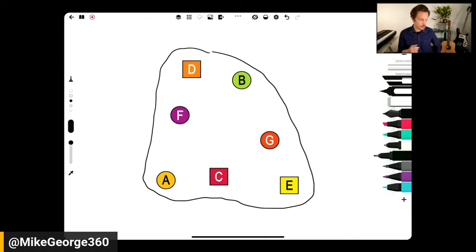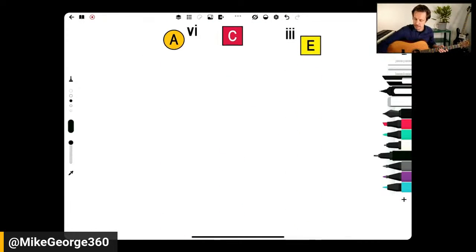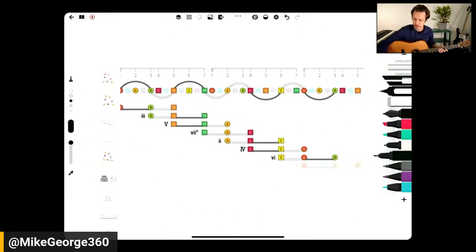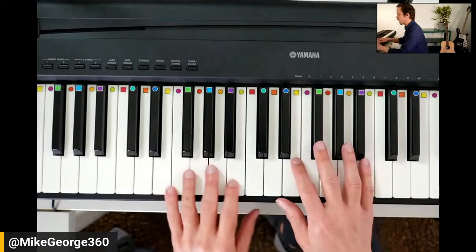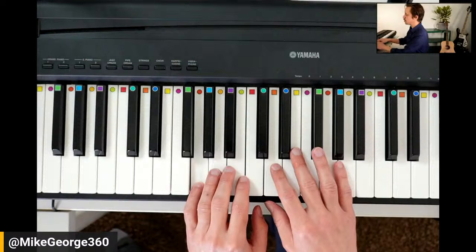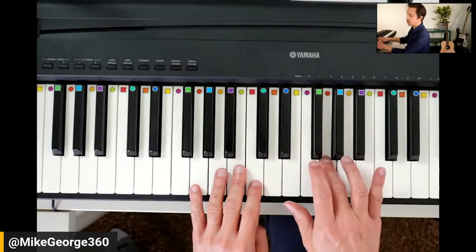And let's start with the G major scale. Well, we're in the key of C, but we're going to jump into the key of G, right? So we have here the G major scale, which is G, A, B, C, D, E, F sharp, G, right?